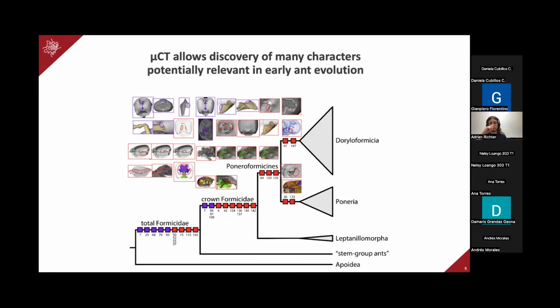I have to also mention that after I did this study, I had the chance to look at some additional ant species, and some of these features that are still listed as potential autapomorphies here, I already know are potentially not actually autapomorphies.